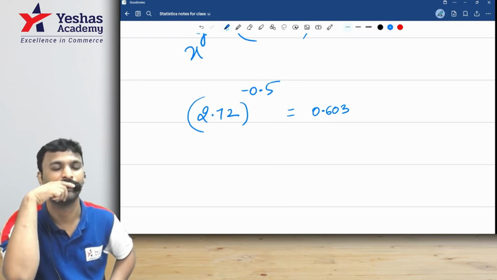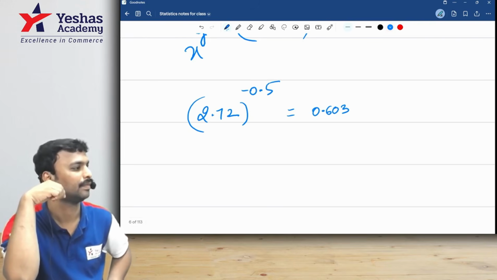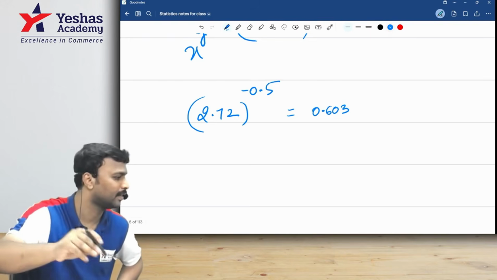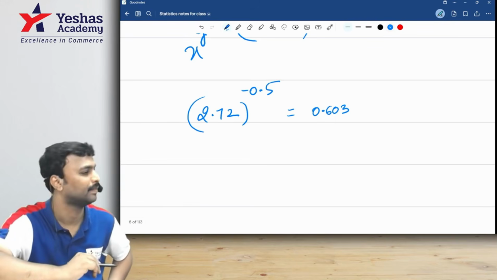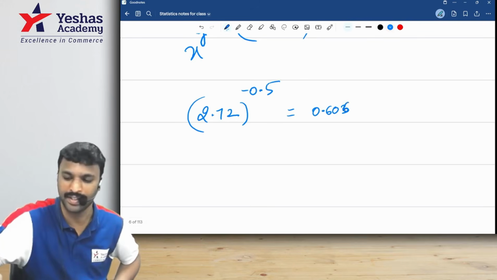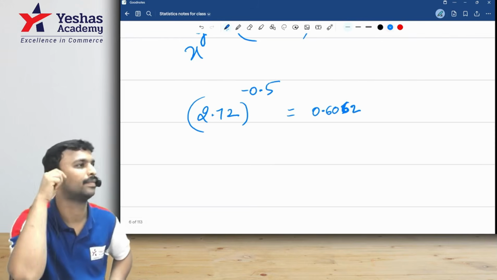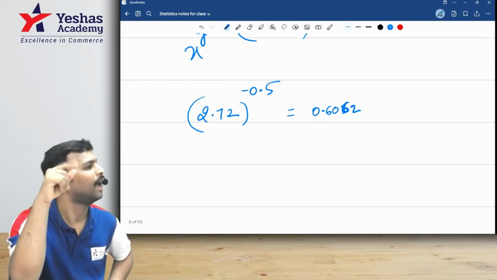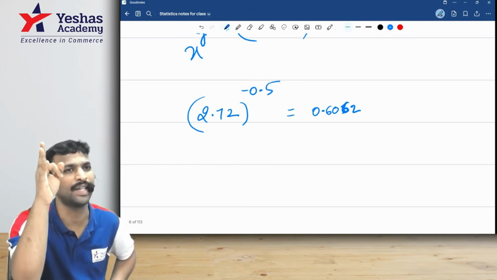Please do it in your calculator. Got it? Everyone got used to it now? How to raise the power to the decimal value? Everybody, say yes or no?